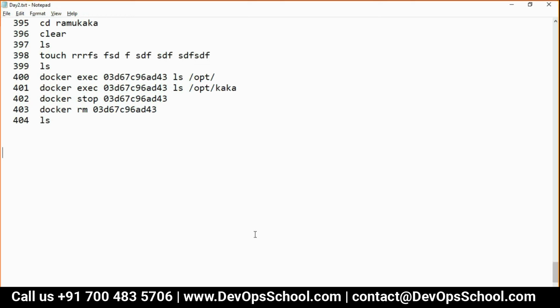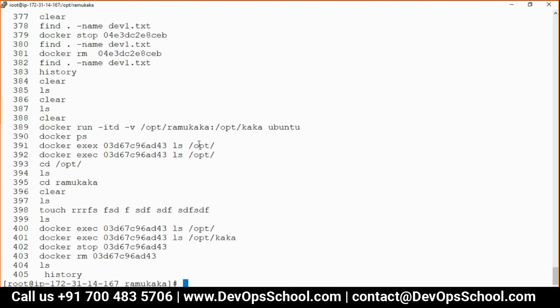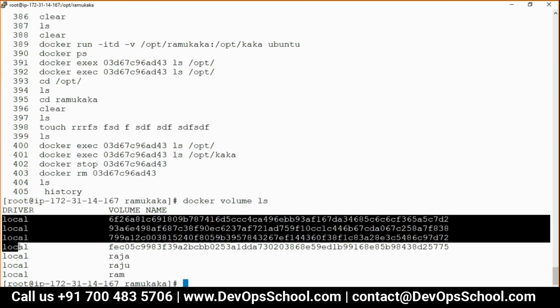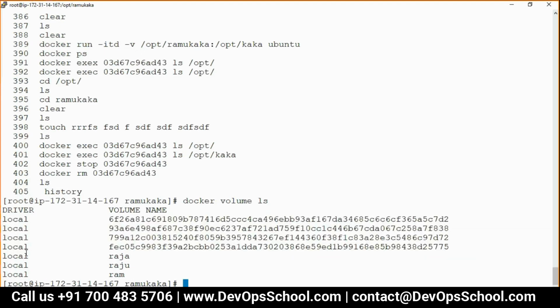is, you can set the size of the volumes if the drivers are different. If you look at the drivers from docker volume ls, all of them were local. Because it's local, you cannot set the size. But if you use Flocker or something like that, then you can set the storage.